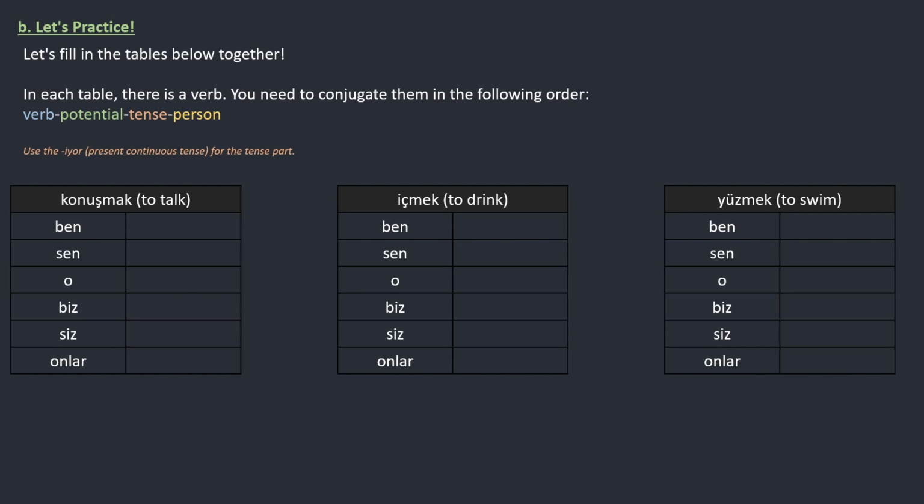Tarık, your answers are technically correct, but what you did is basically conjugating the continuous tense. Like, I am talking, you are talking, he is talking. You need to say, I can talk. Yeah, the potential suffix, you forgot this.